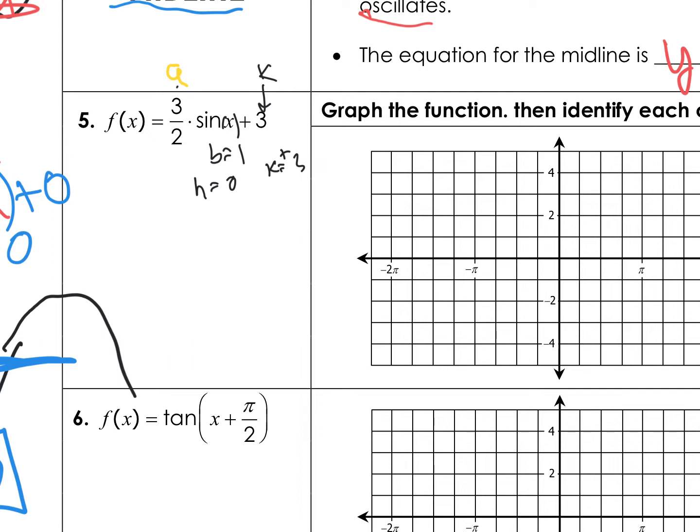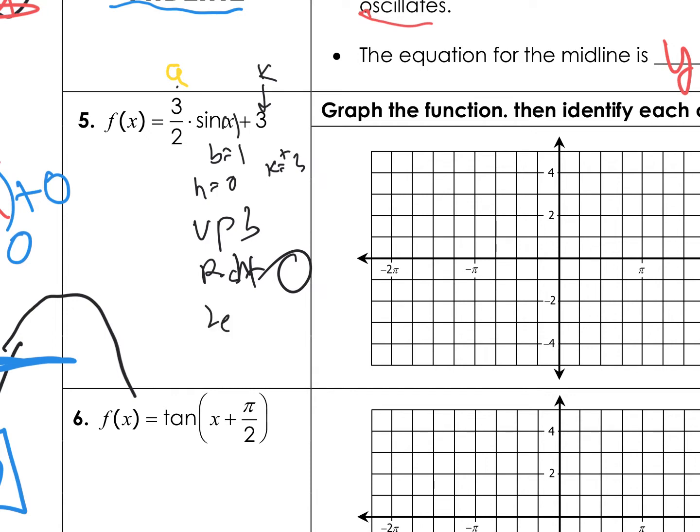Okay? So what I want us to do is realize that I'm going to go up 3, and I'm going to go to the right, 0. I don't change left or right.